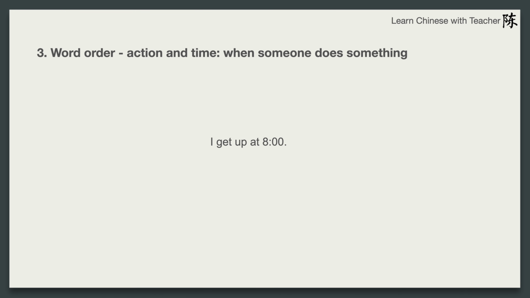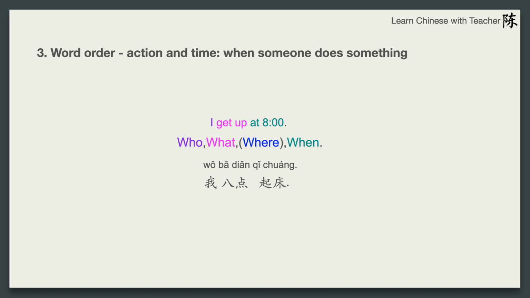Word order. When someone does something. Let's look at the English sentence first. I get up at 8 o'clock. The word order of the English sentence is who, what, when. The location is not mentioned in the sentence. In Chinese, we see 我8点起床.